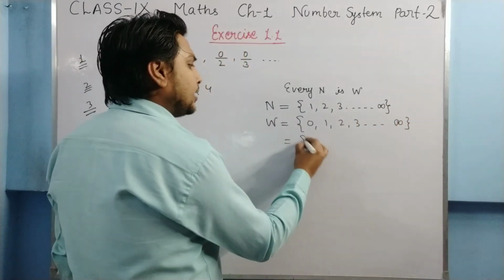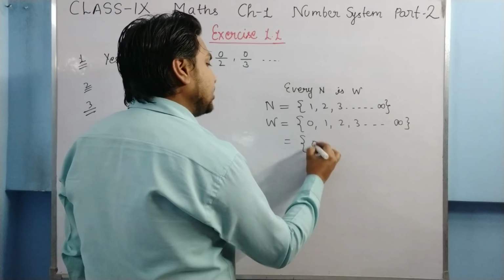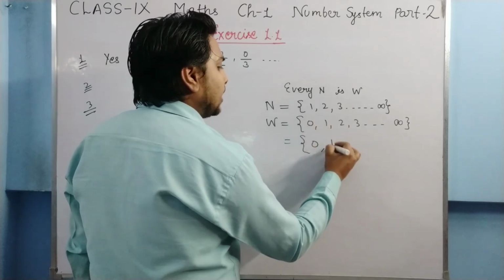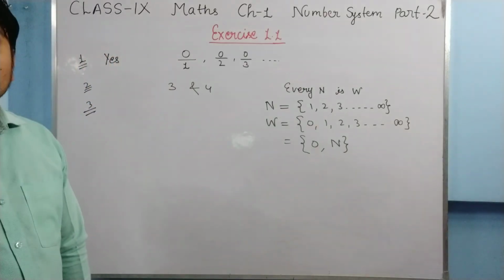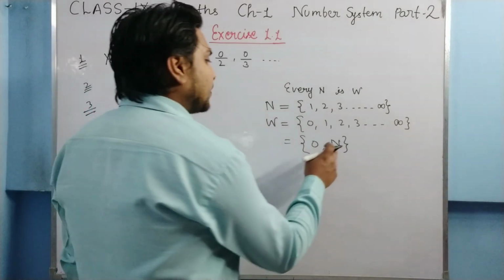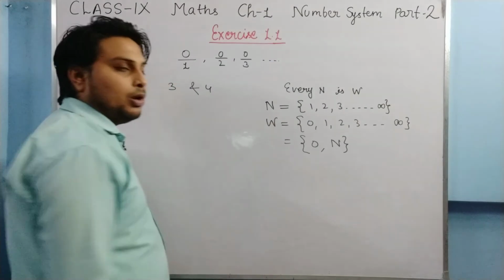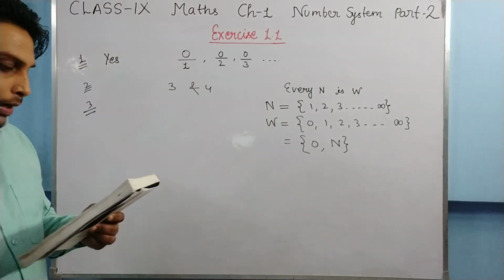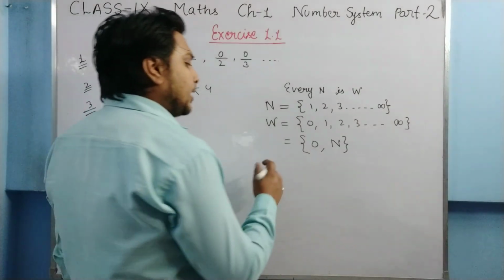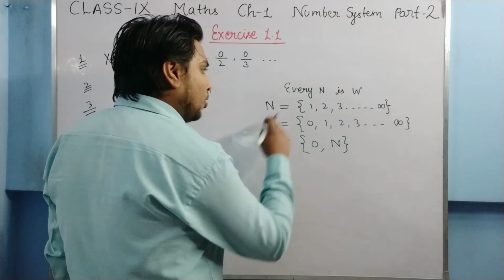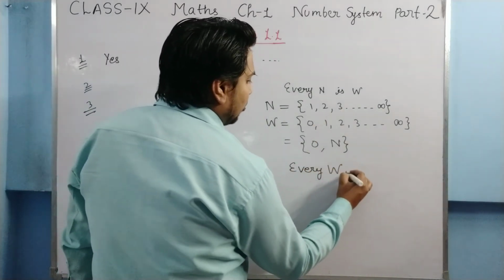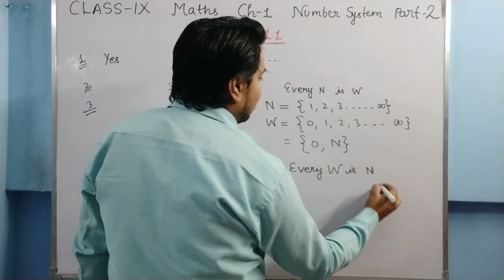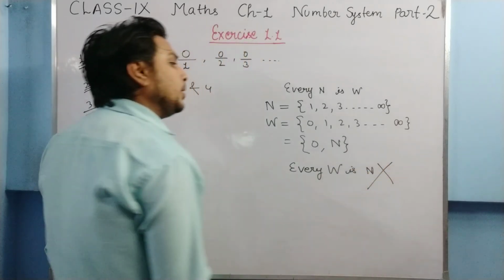Means we can write like this, that 0 is there in the set of whole number, and all the natural numbers are there in the set of whole number. So every natural number is a whole number. But if it is written that every whole number is natural number, so this statement will be wrong.